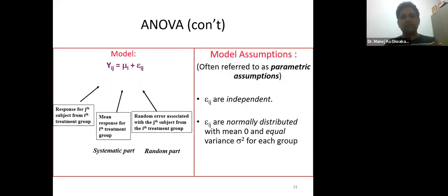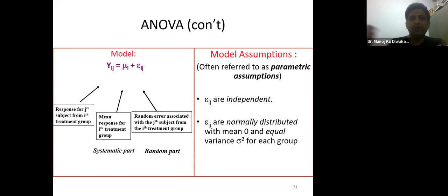Now, in the next part, analysis of variance is creating the model: yij equals mu i plus some error. yij is nothing but the response of the jth subject from the ith treatment group, and mu i is nothing but the mean of the samples 1, 2, 3.